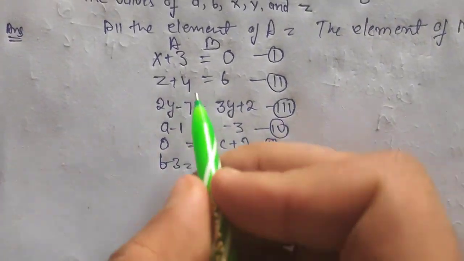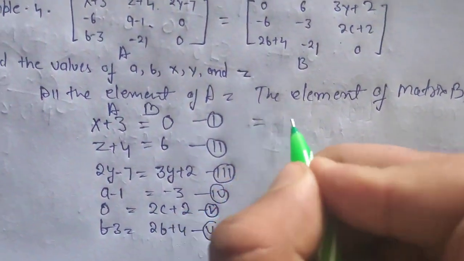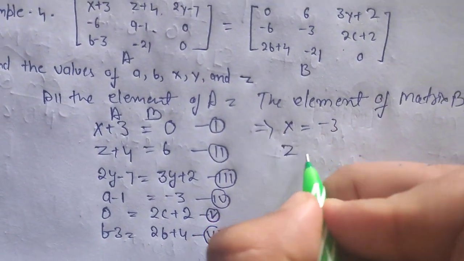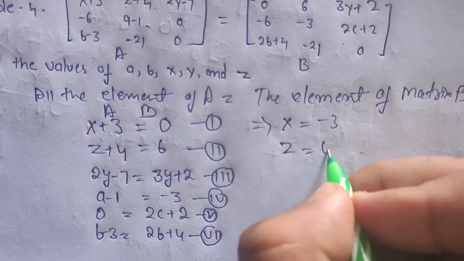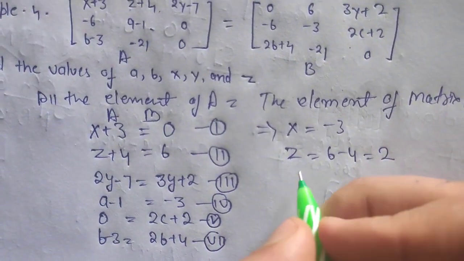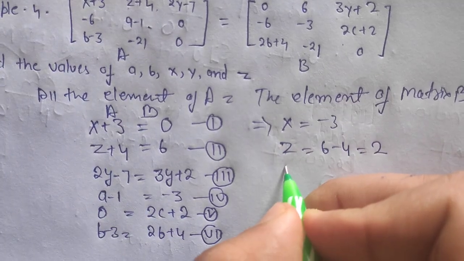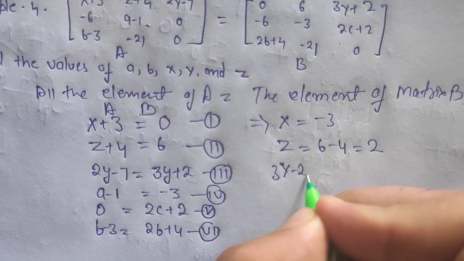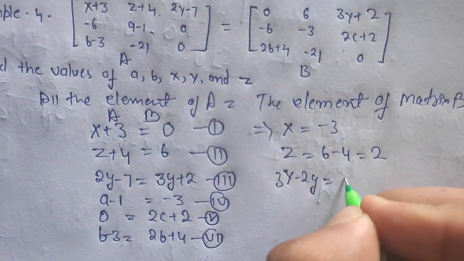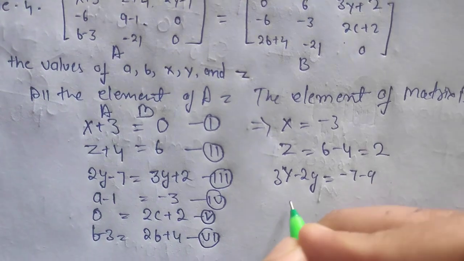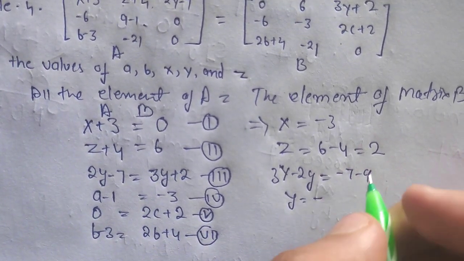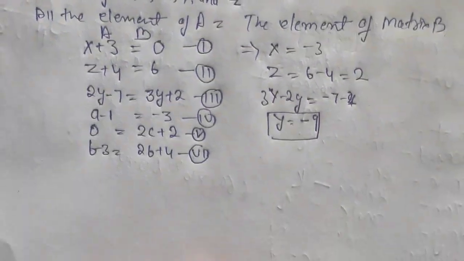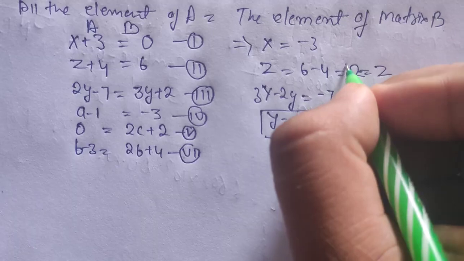So let's solve. From equation 1 we get x is equal to minus 3. Z becomes 6 minus 4, which is 2. And here, by swapping, we get 3y minus 2y, and minus 7 minus 2, so y becomes minus 9.